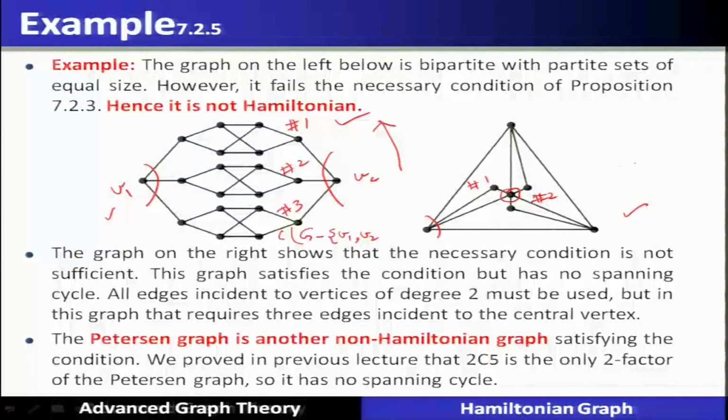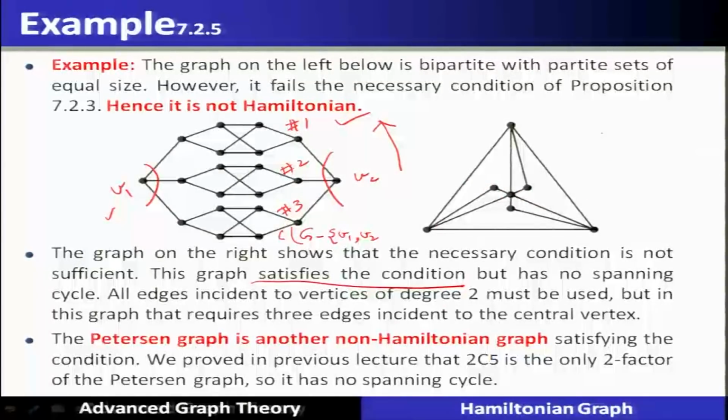So if S is equal to 2 and the number of components after removing is also 2, the equality is satisfied. By the symmetry of the graph we can show that this condition is satisfied for all subsets.